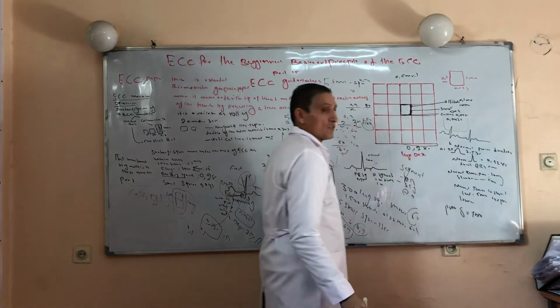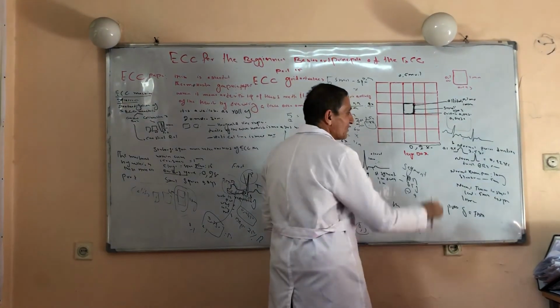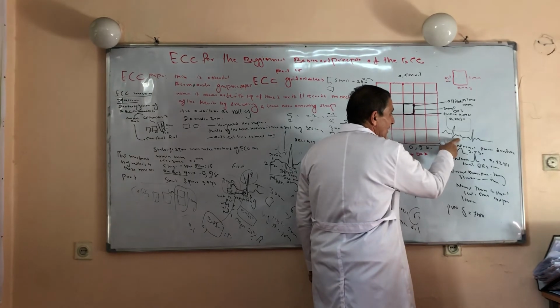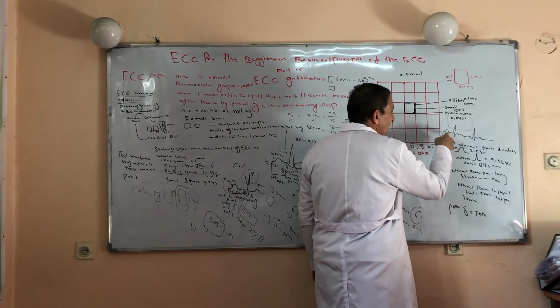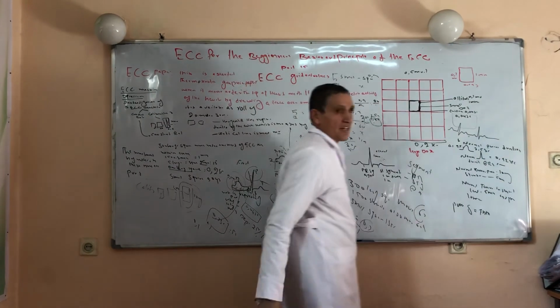Now this is two cycles. The TP segment is a segment which intervenes between the end of the T wave of one cardiac cycle and the onset of the P wave of the next cardiac cycle.